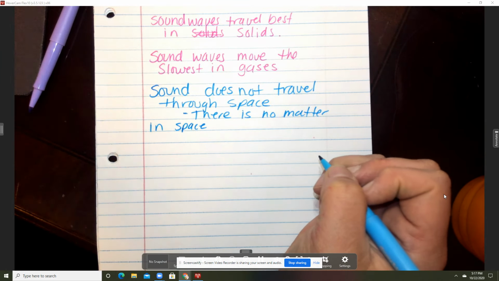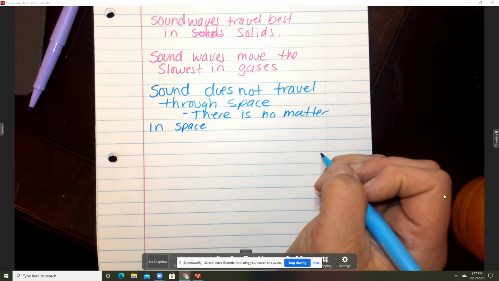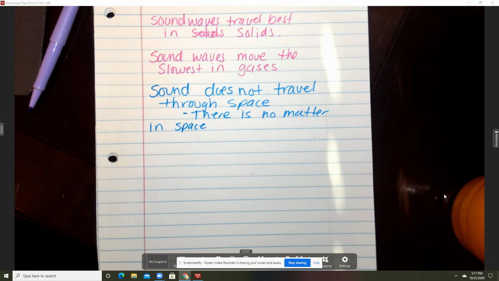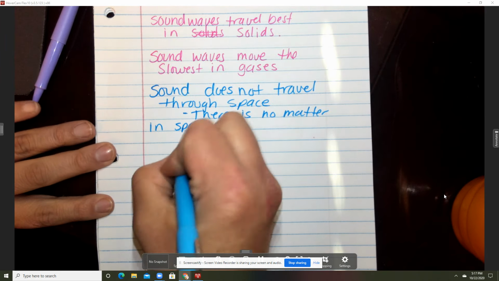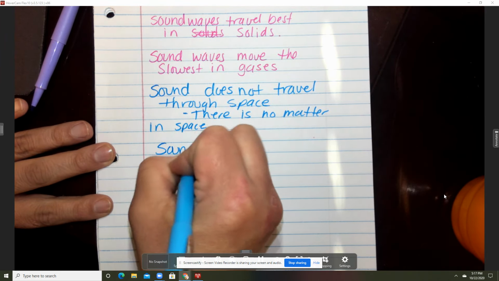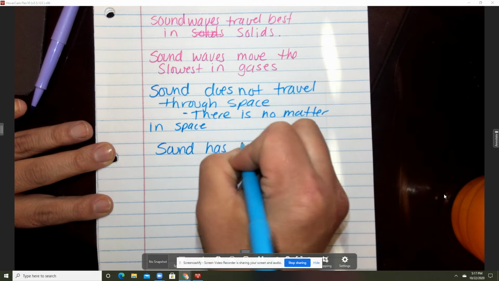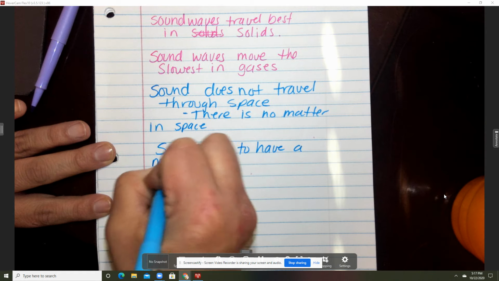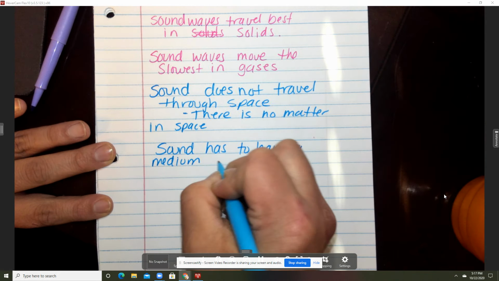So if there's no matter in space, sound doesn't have anything to travel through. Sound has to have a medium, and a medium means something to go through.